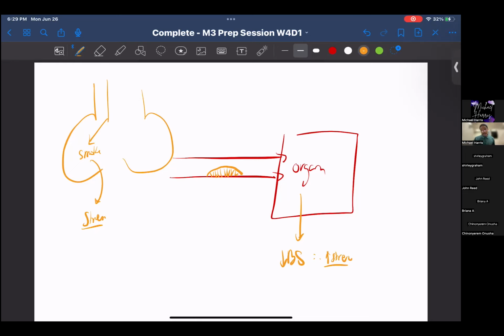You can't catch back up, right? So the same concept here with an organ. An organ will try to adapt to the stress, but if the stress is too much, it will undergo apoptosis. It will undergo death because it can't adjust anymore. It's too much. I won't ever catch up.